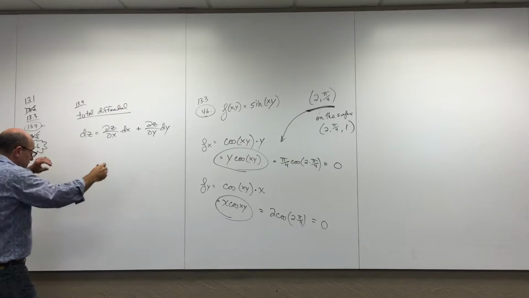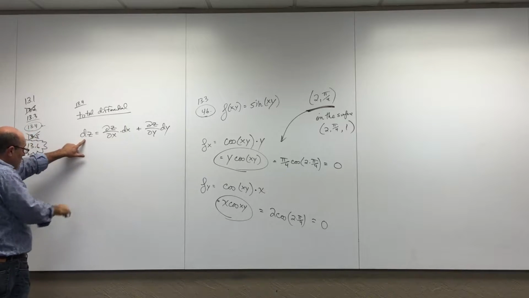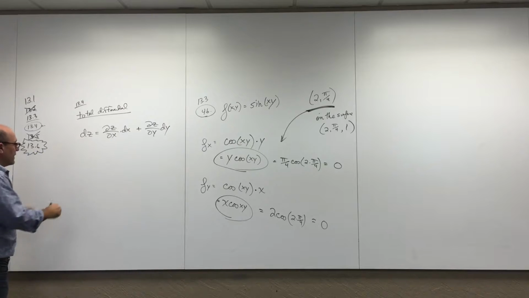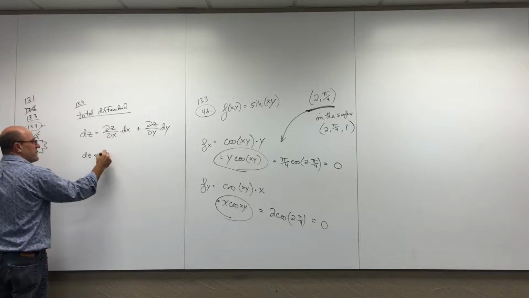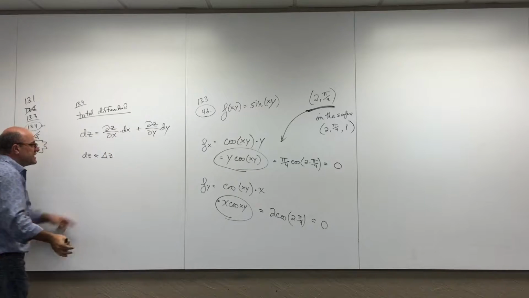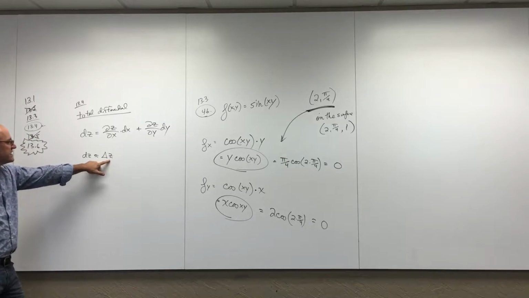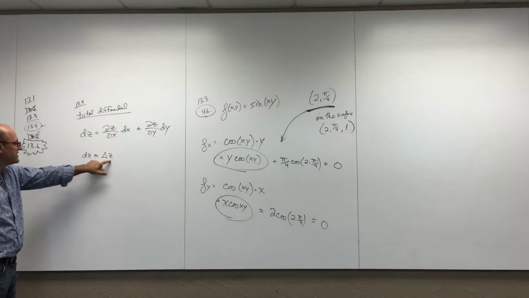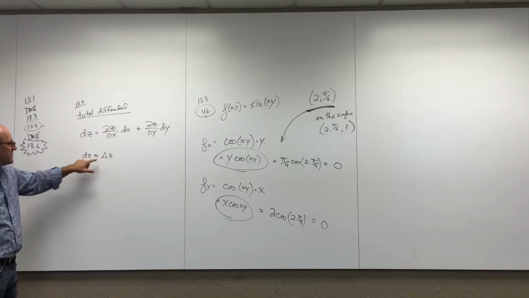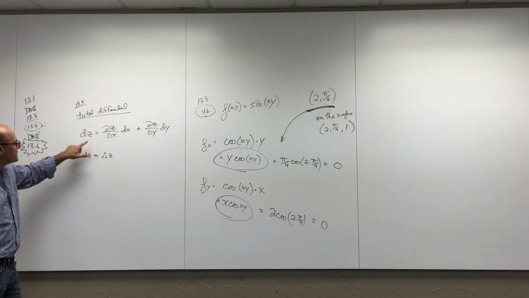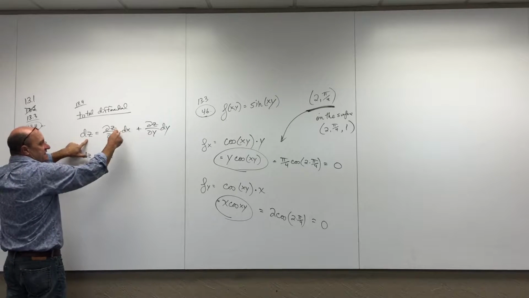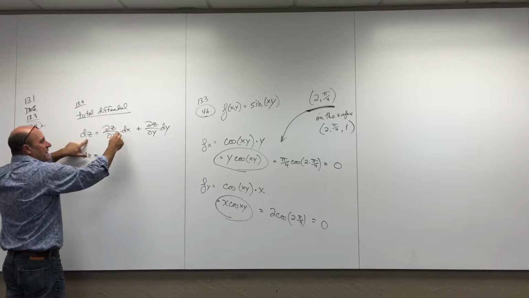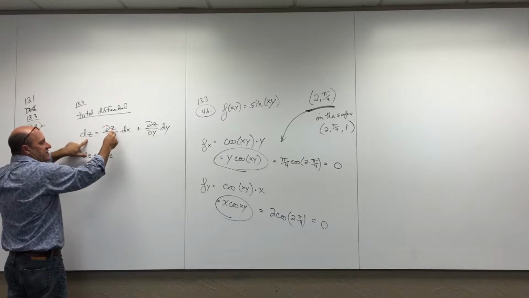I told the students Friday, this is called the total differential. It's an approximation for the actual change in z. The actual change in z is some change in z, and this dz is an approximation for that. You could think of it as, if these dx's cancel, then there's a partial change in z.